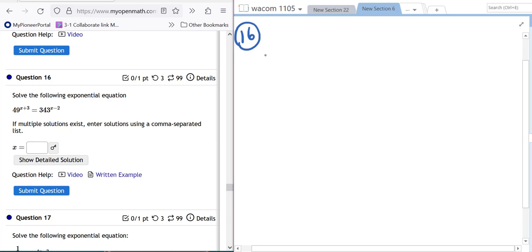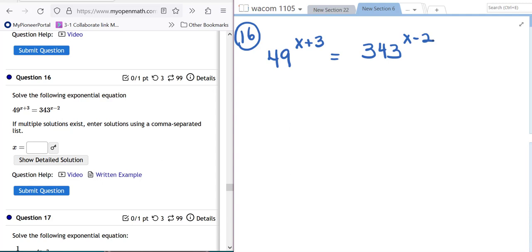Right, let's look at this one. 49 to the x plus 3 is 343 to the x minus 2. So you're going to have to pick something that's to a power. What do you think you're going to try for your base? 7? 7, exactly. Because 7 squared is 49.